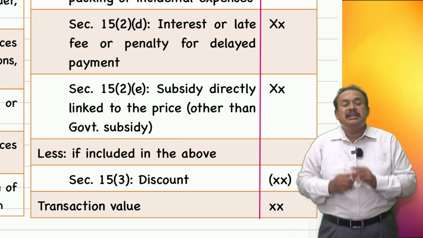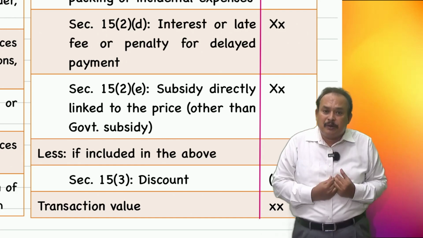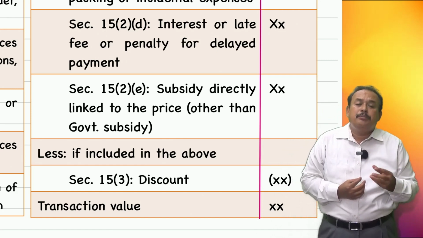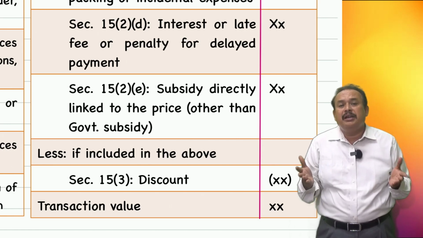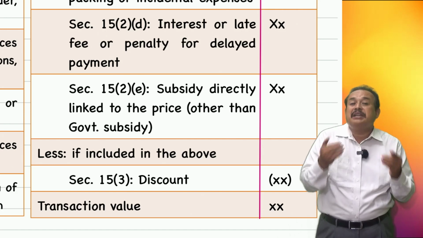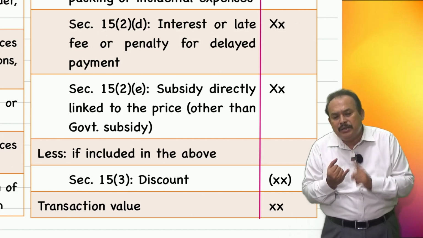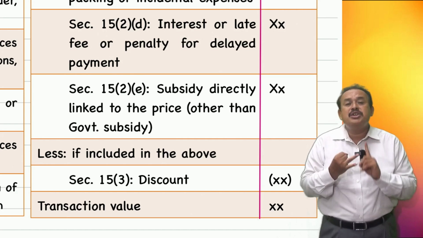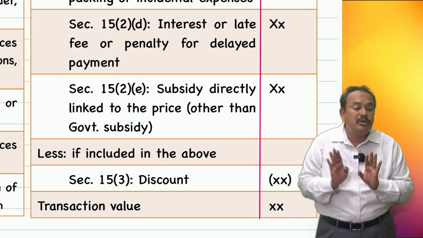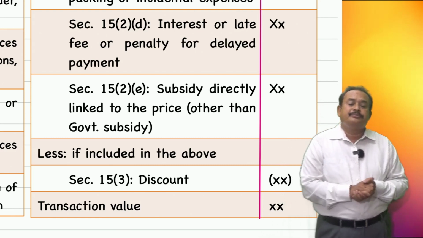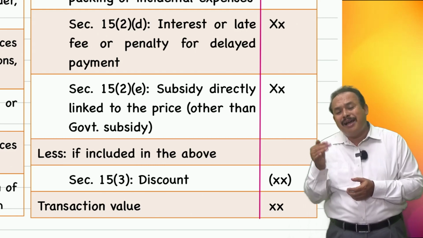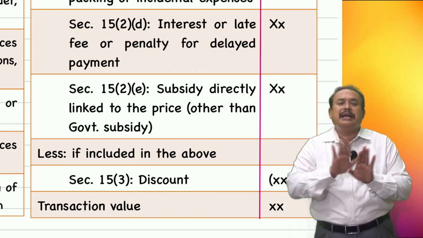In that case, if I got 20 rupees subsidy from the state government and 180 rupees from the customer per bag, what is my value of supply? 180 rupees. Do not add subsidy directly linked to the product received from government. Government here includes central government, state government, union territory, but does not include local authority or statutory bodies. Government subsidy directly linked to the product should not be added in the value of supply.